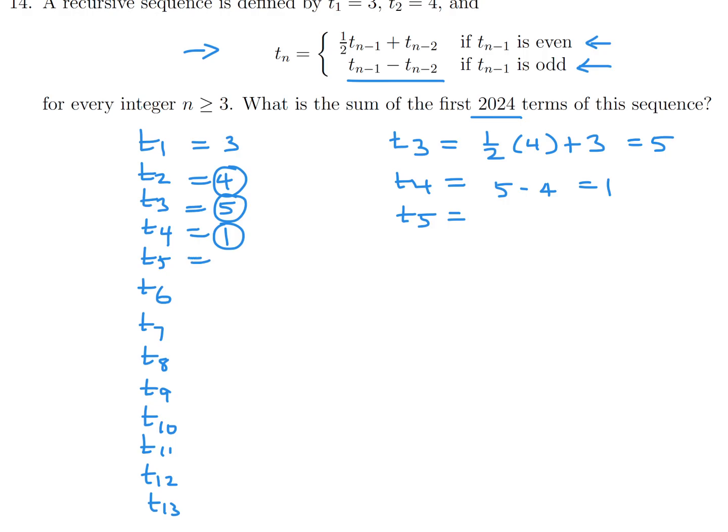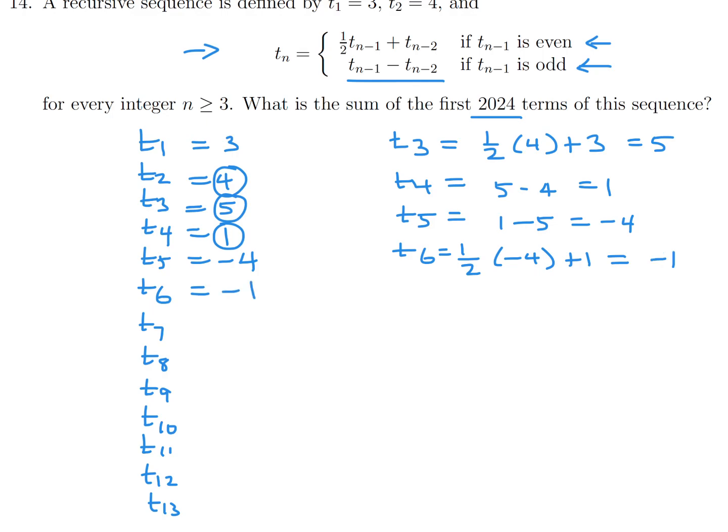So that would be 1 minus 5, and that's minus 4. Keep going here. T6 is going to be 1/2 of minus 4 plus 1, and that's minus 2 plus 1, so minus 1.